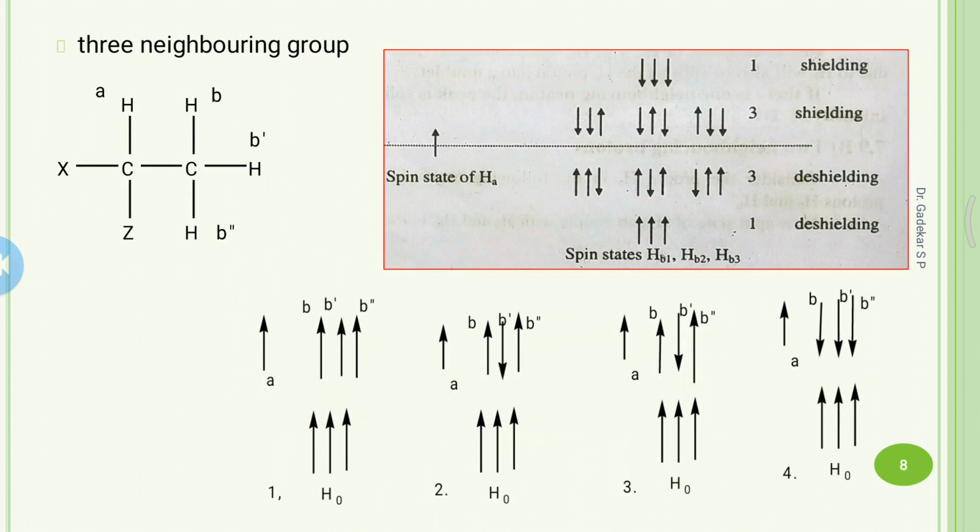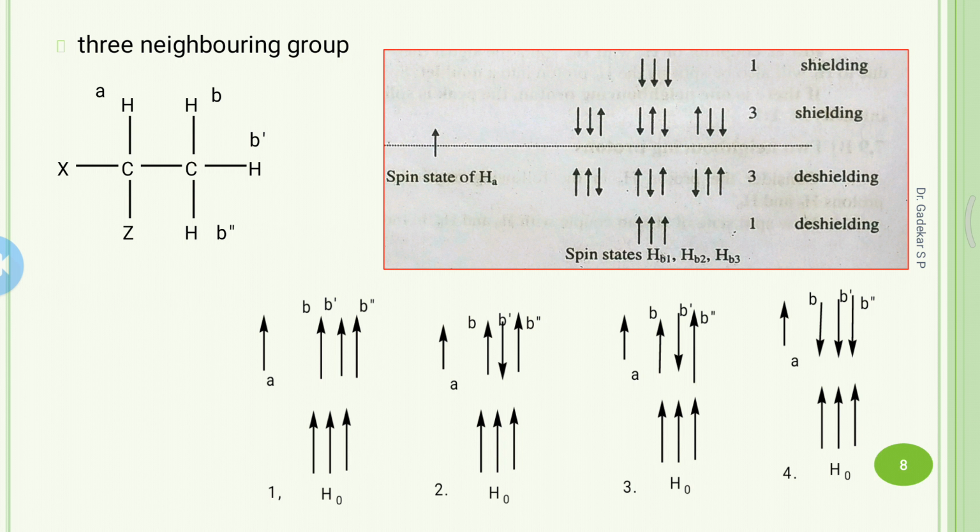Next is the three neighboring group pattern. HA, how many protons neighbor? Three neighboring protons, and at that time the splitting pattern: HA interacts with HB dash and HB double dash.